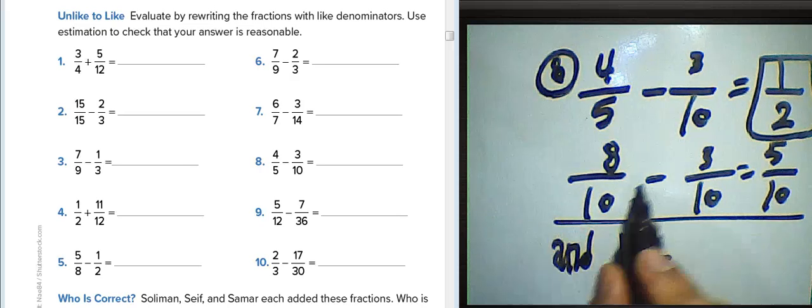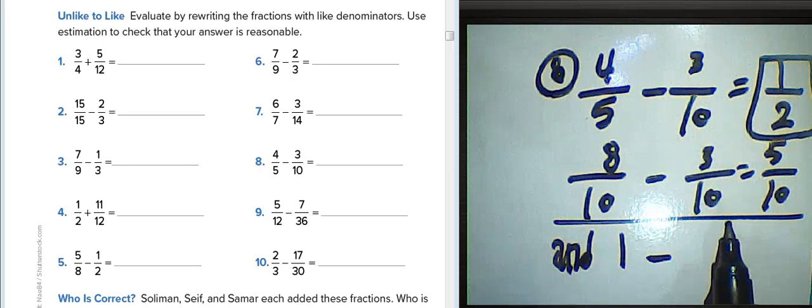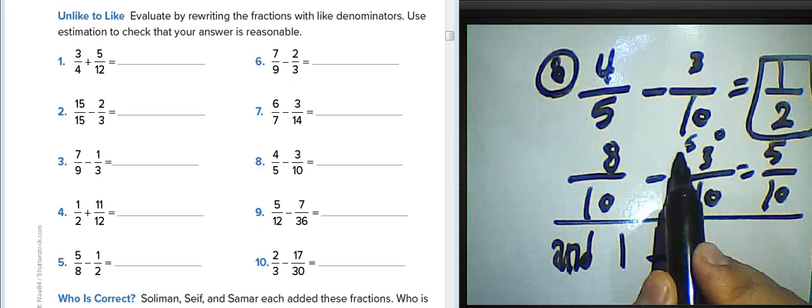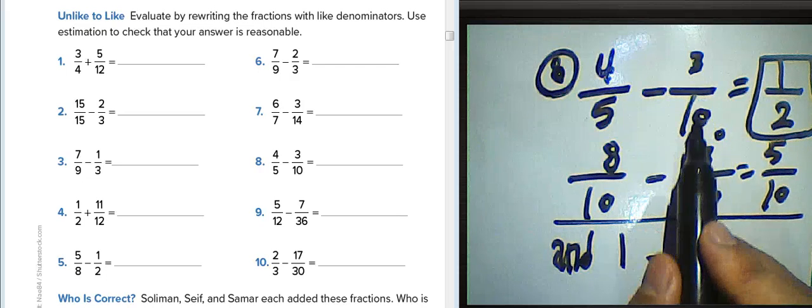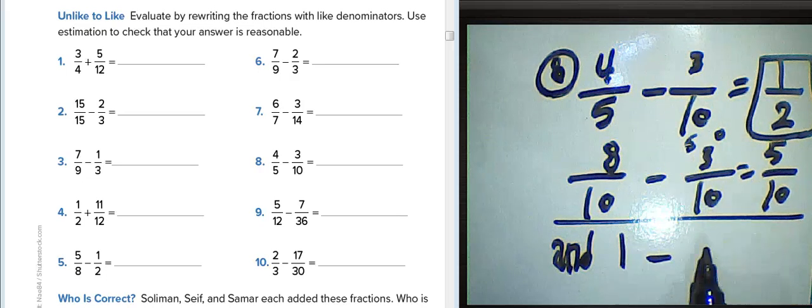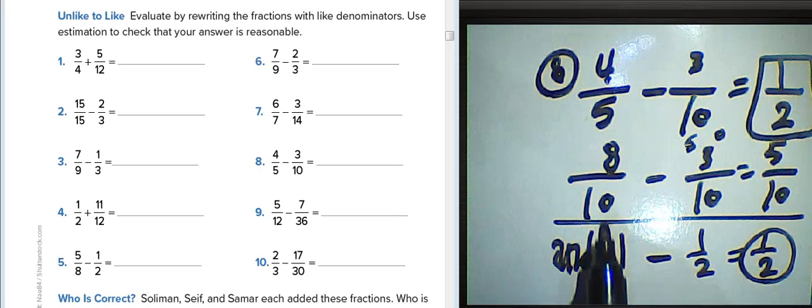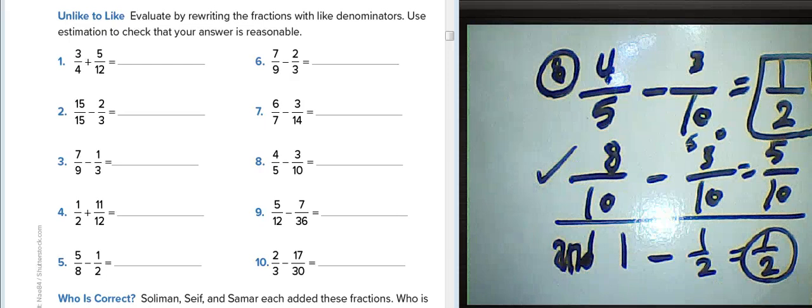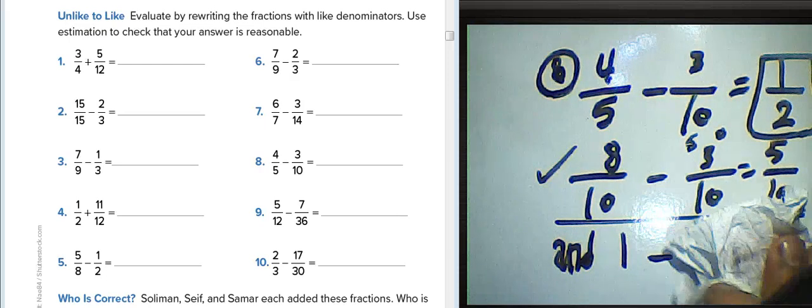Subtract 3 over 10: half of 10 equals 5, and 3 is nearest to 5, so it will be half. 1 subtract half equals half, so it will be true.